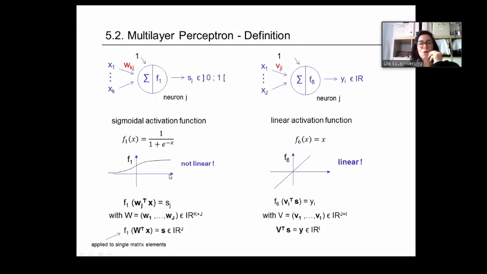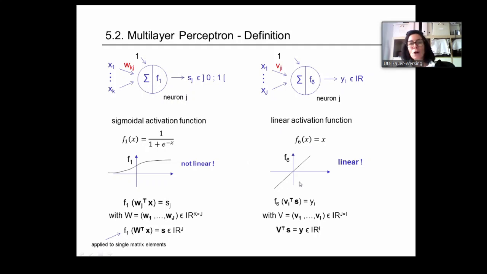For very positive arguments, the output is 1. There is a smooth transition, more or less linear for arguments around 0, and a nonlinear mapping before it approaches the maximum output of 1. This is the formula of the sigmoid activation function that we introduced in the beginning of the lecture.